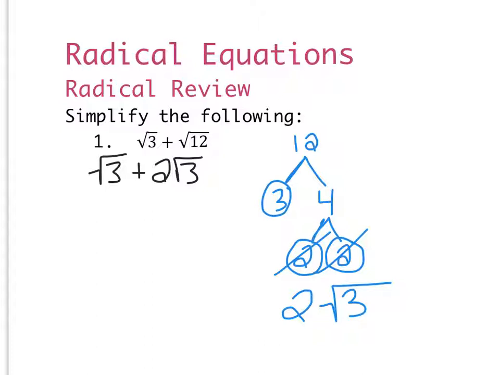Here, there's an understood 1 in front of this square root of 3. So we're going to add the 1 plus the 2. What is 1 plus 2? 3. So we'll have 3, and then we keep the radicals the same. So we'll have 3 square root of 3, and that'll be our answer.